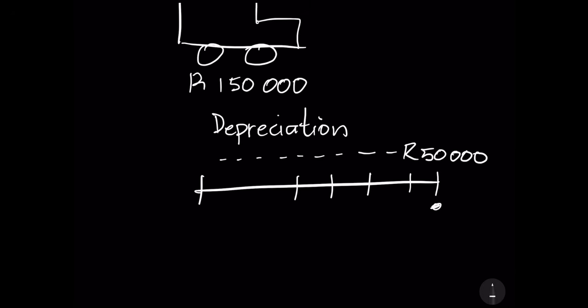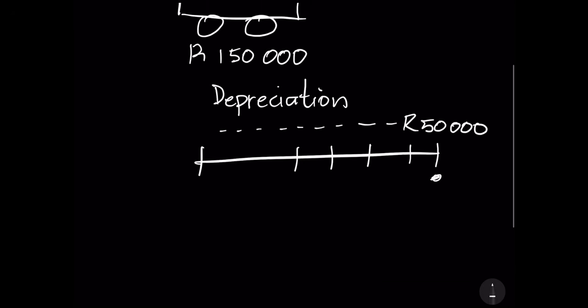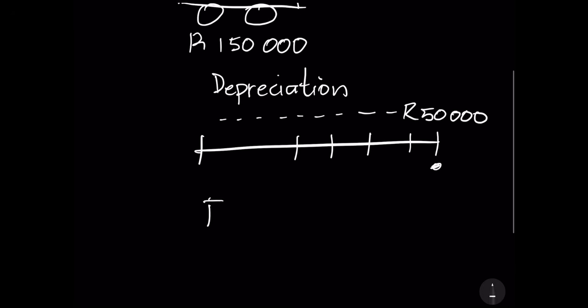But I want you to think about it. At the same time, there's another phenomenon that's taking place. And what is that? It's inflation. Meaning the cost of replacing the car in 5 years will not be 150,000 rands anymore. With inflation, at whatever rate it is increasing, the cost of buying a new car keeps increasing.